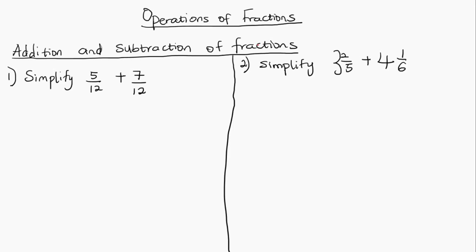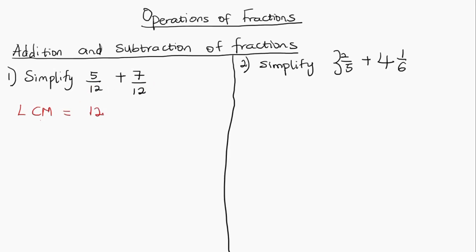So guys, let's get started. We want to simplify 5 over 12 plus 7 over 12. Now this particular fraction has the same denominator but different numerators. So when solving a question that looks exactly like this, all you want to do is look for the LCM. The LCM of this is 12 because we have the same denominator.